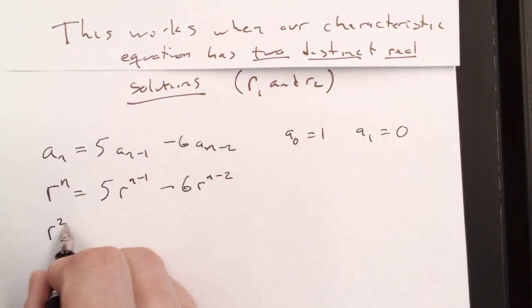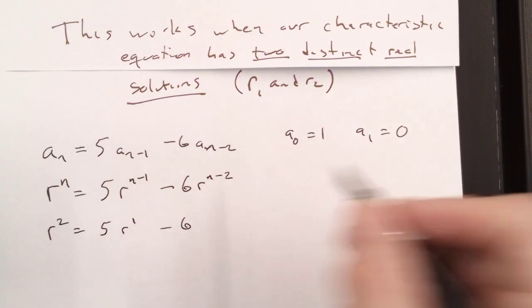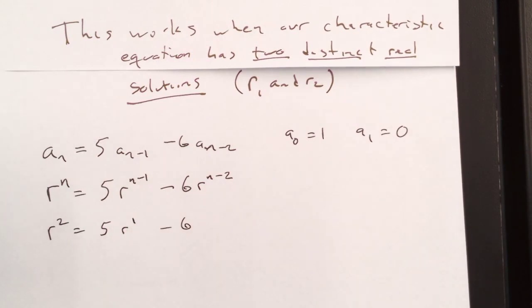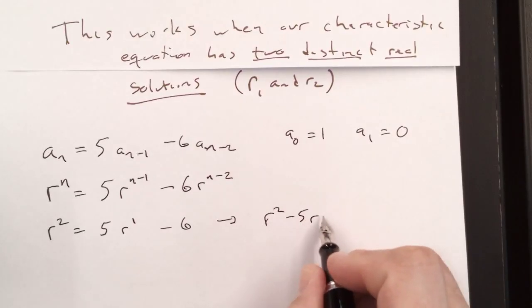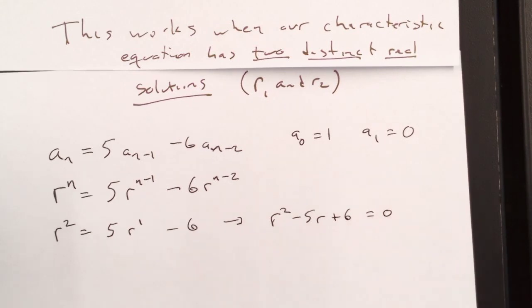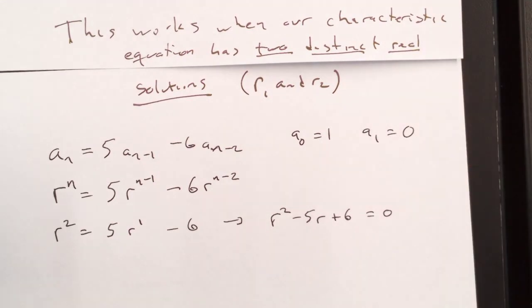That makes this r squared, this r to the first, and this r to the 0. Put it all on one side. And I get this quadratic. R squared minus 5r plus 6 is 0. What are my roots?